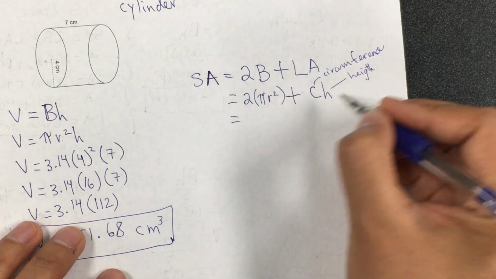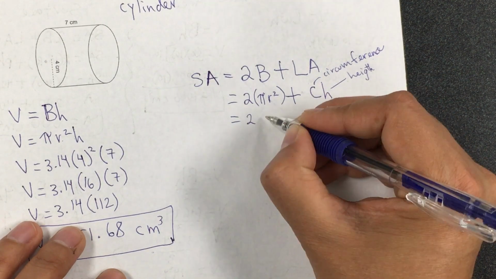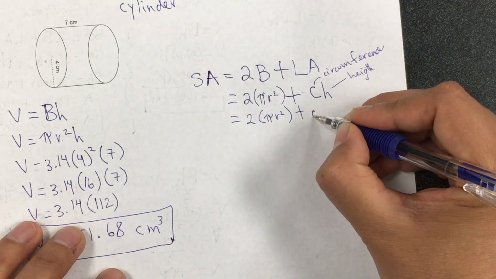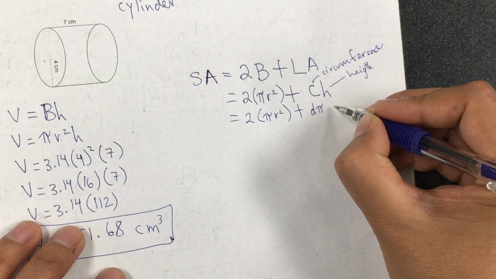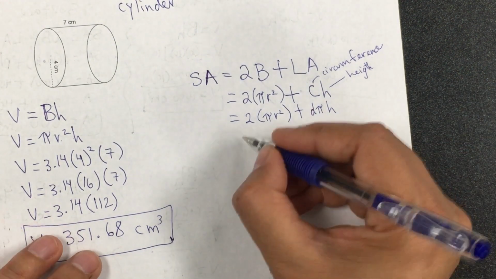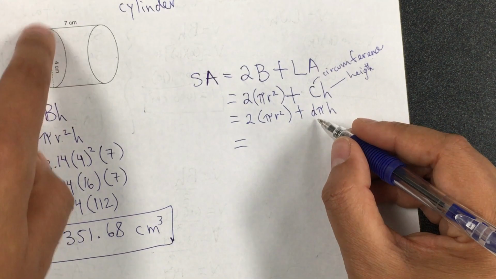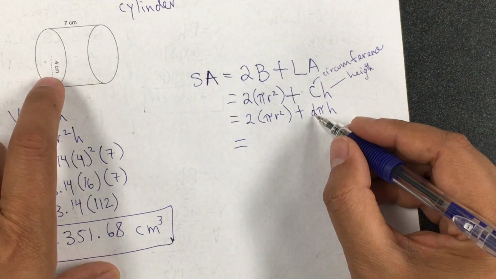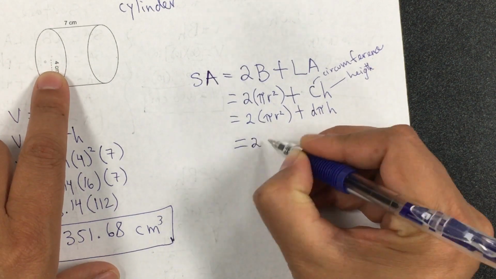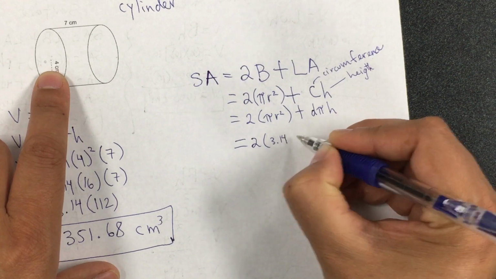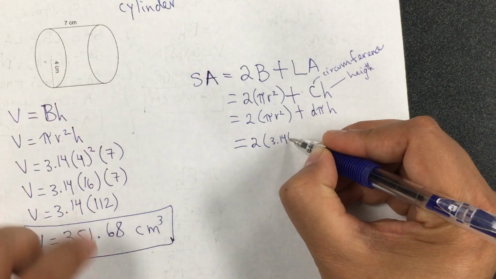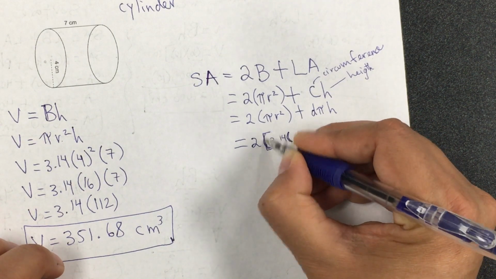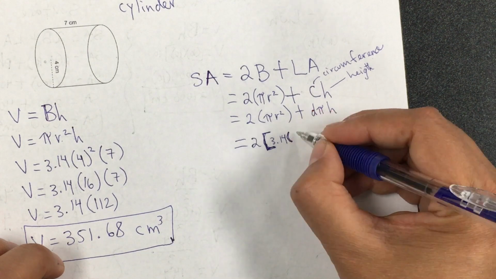And let me write it or develop it a little bit more. So 2 times pi r squared plus the circumference, which is diameter times pi, times the height. We are not given the diameter here, but we can figure it out because it's always double the radius. So it's going to be 2 times 3.14 times, we cannot have a parenthesis inside of another parenthesis, so this becomes a bracket, times the radius.